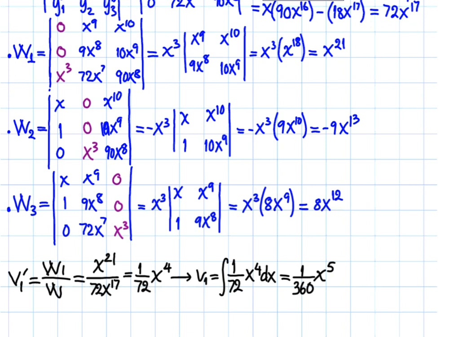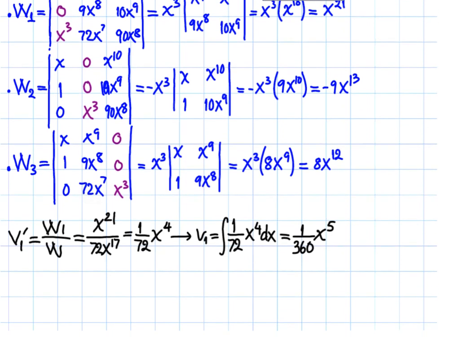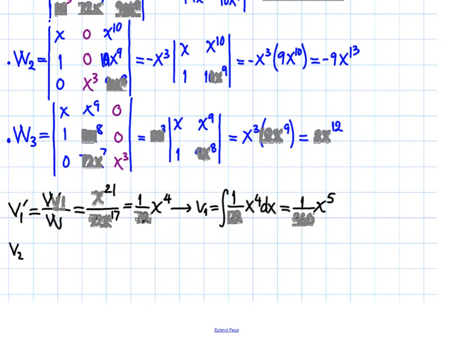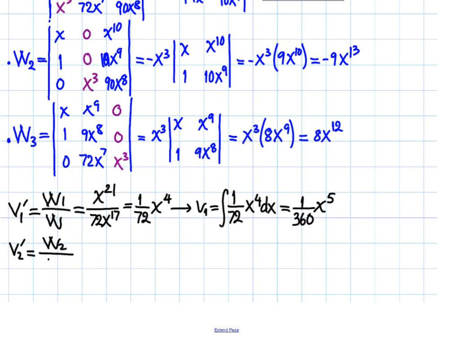Right, and then we do the same thing for V2 and V3. W2 is negative 9x to the 13 and 72 x to the 17 is W, and so we have negative 1 over 8 x to the negative 4.